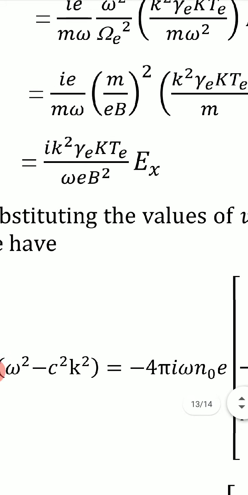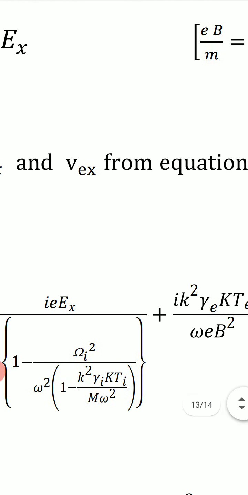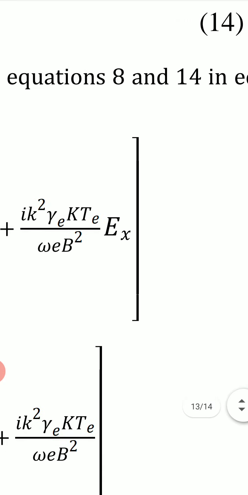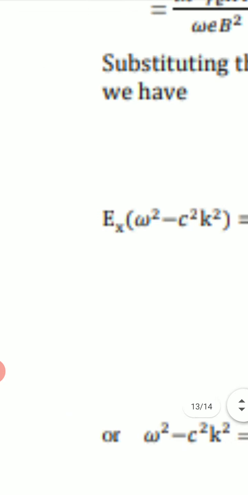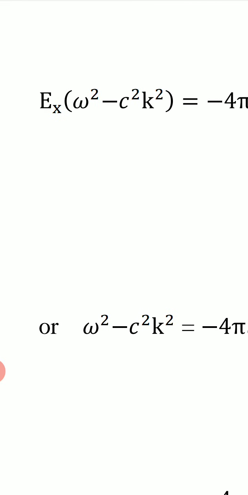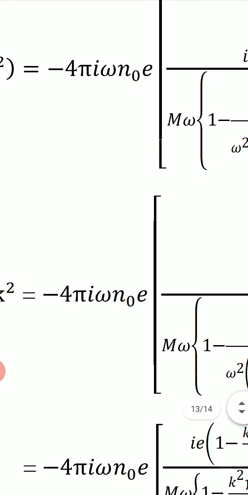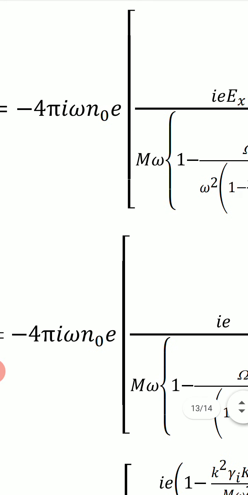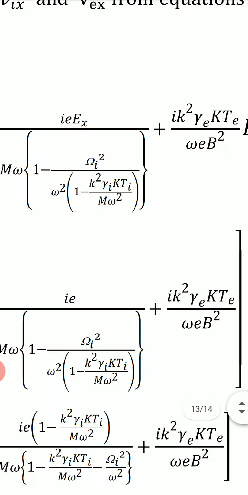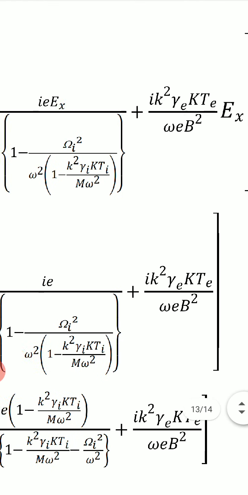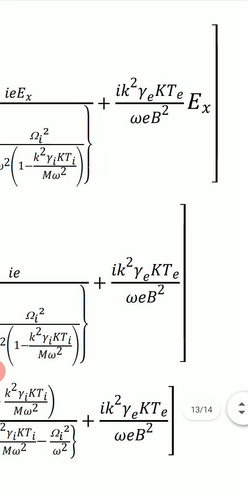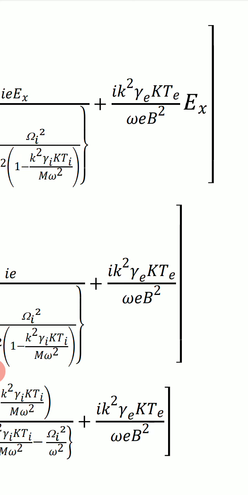Now substituting the values of Vix and Vex from equations 8 and 14 into equation 12, we get this relation: Ex into omega square minus c square k square equal to minus 4 pi i omega N0 e into these two terms. The first term is for ion and the second term is for electrons.